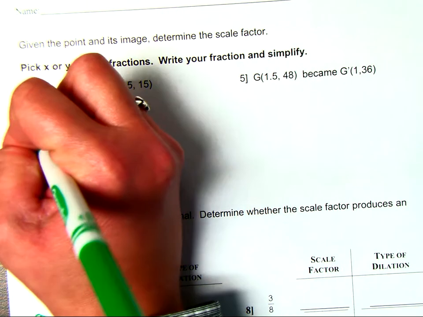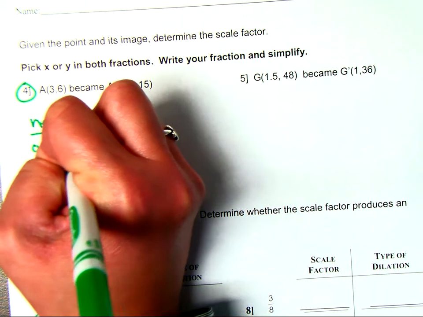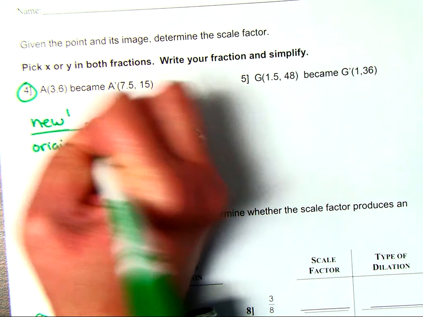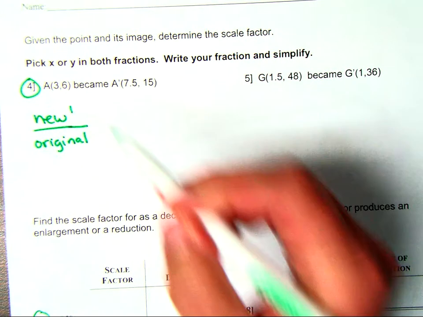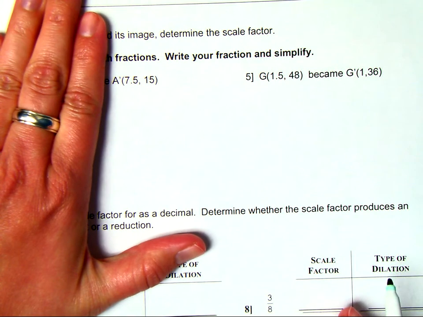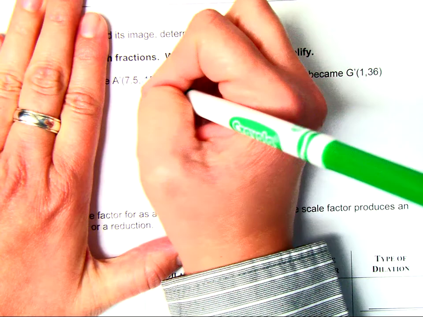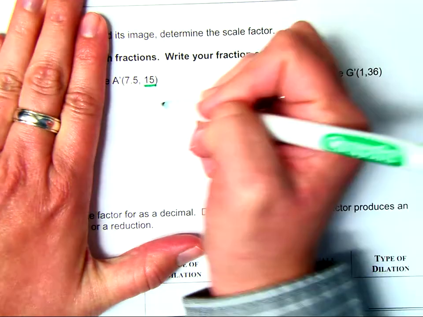We always know it's going to be new prime over original, or some people write new over old, however you want to write it. I just highly suggest writing that apostrophe because it makes sure you know that's what you look at. So we want one of those digits first as our numerator. I'm just going to use 15 because it's a nice clean whole number.